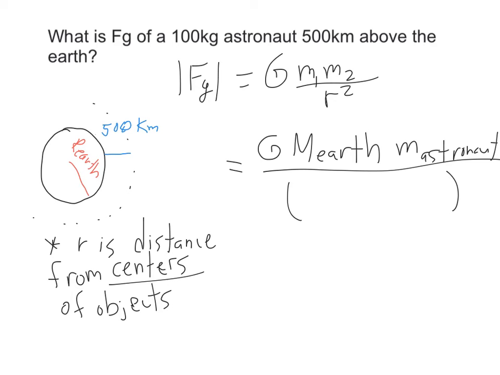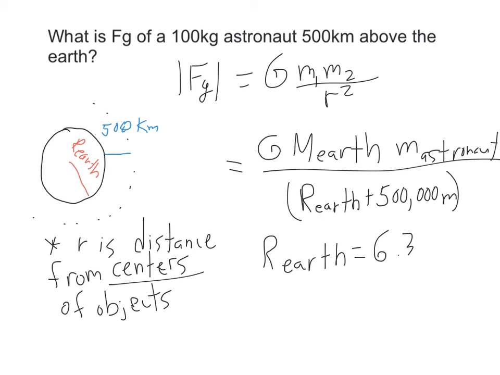So when you do the distance part, it's going to be the radius of the Earth plus those 500 kilometers, which in meters would be 500,000 meters. Now, the radius of the Earth is about 6.37 times 10 to the 6 meters.